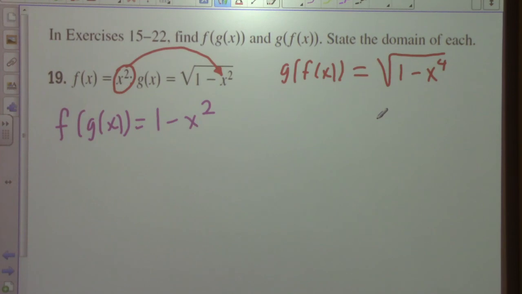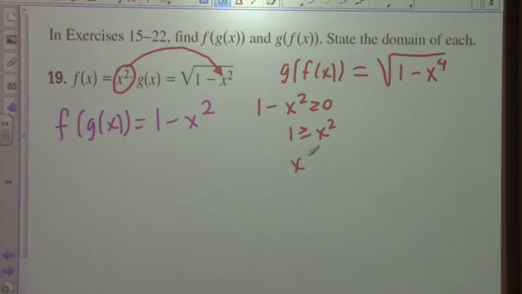Okay. Now, what about our domain restrictions on this? Our restriction is going to be based on this, right? So 1 minus x squared has to be greater than or equal to 0, right? And so if we solve this inequality and add x squared to both sides, 1 is greater than or equal to x squared, right?